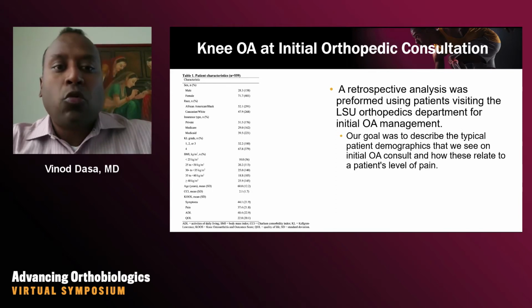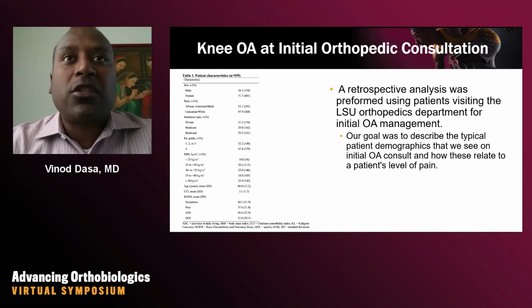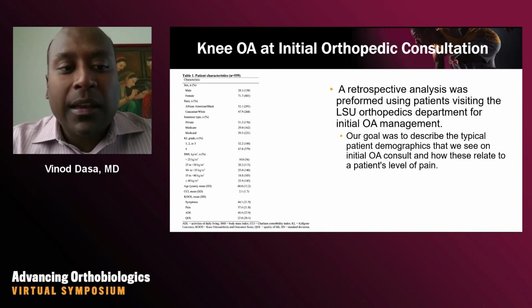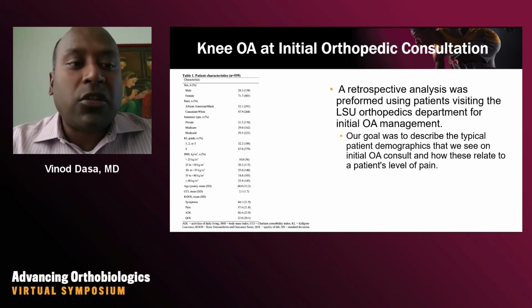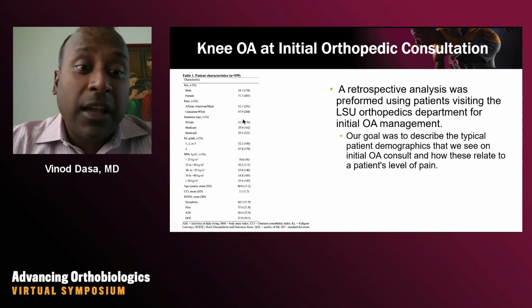So we started a research project looking at the patients that present to our office with NeoA and understanding what their symptoms are based on racial differences. We took all of our NeoA patients and characterized their demographics, which you can see here. In this group we actually have a higher percentage of non-white patients compared to white patients.